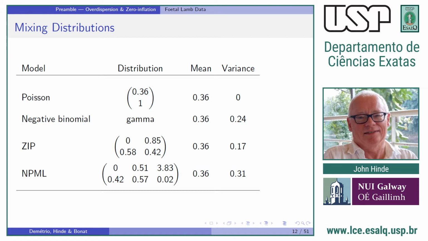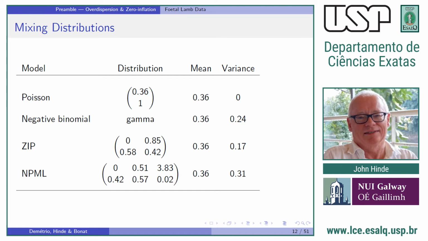When I do a zero-inflated Poisson, what do I have? I have omega is 0.58. 58% of the time, I just get zeros. The other 0.42, I get Poisson with lambda of 0.85. If I combine that, work out the mean of that, I get 0.36. And the variability of that 2-point distribution is 0.17.